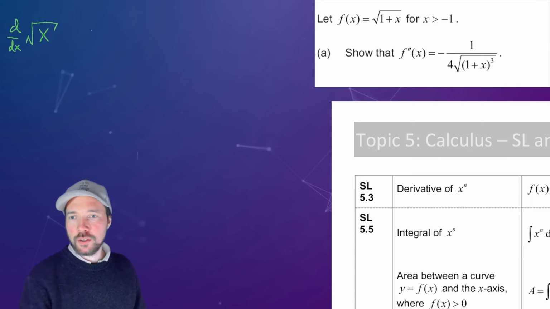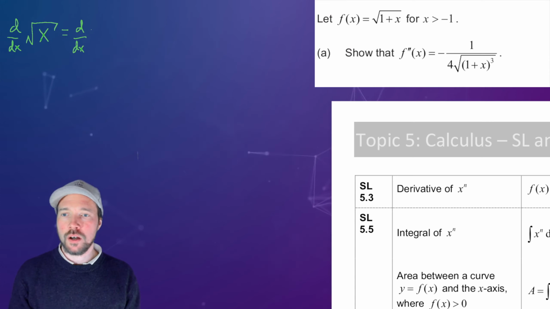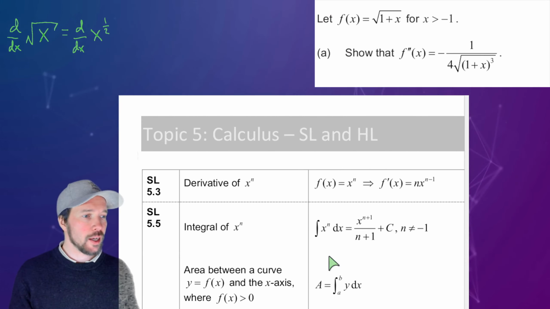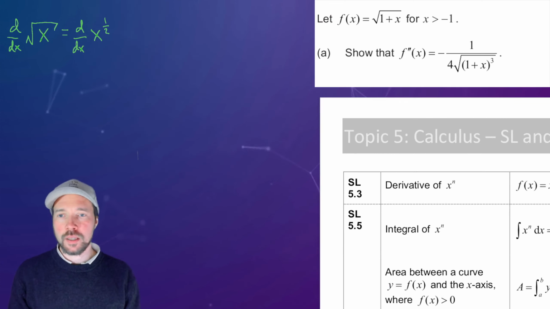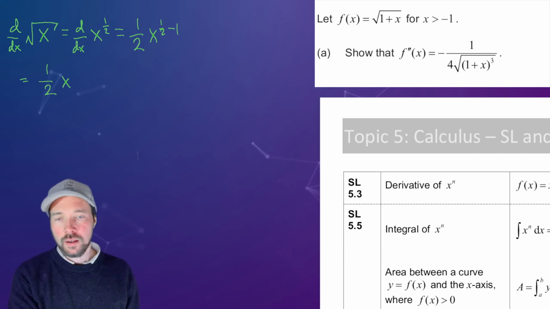Fine. So square root of x is the same thing as x to the power half. So let's just use our rule of taking the derivatives of x to the power something, and so the exponent simply jumps down and we subtract 1 from it, which means that we get half times x to the power half minus 1, which is minus half.